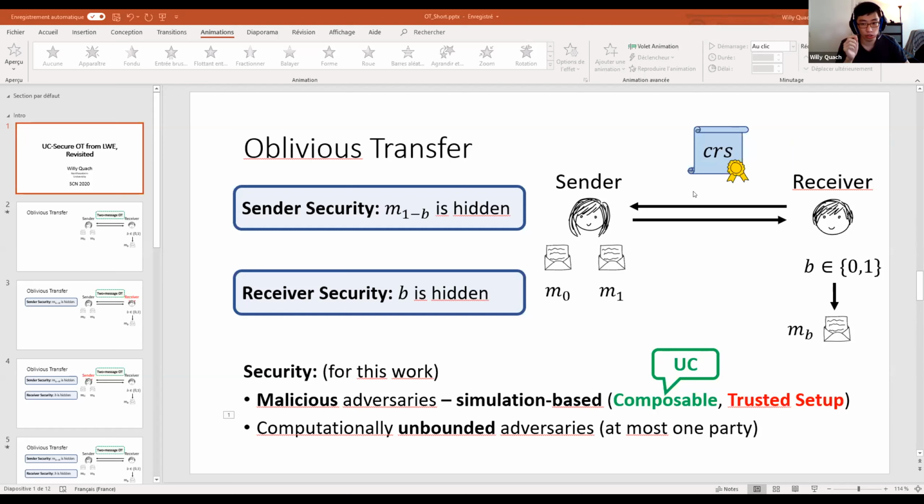And then another orthogonal direction is what power we give to the adversaries, whether we consider adversaries that are computationally bounded. Ideally, we would want to ensure security where the adversaries are computationally unbounded. It turns out that we cannot have statistical security for both parties, but we can hope to have such security for at least one at a time.